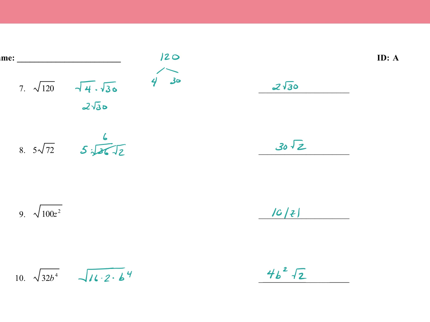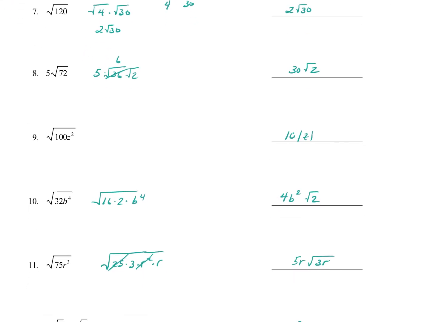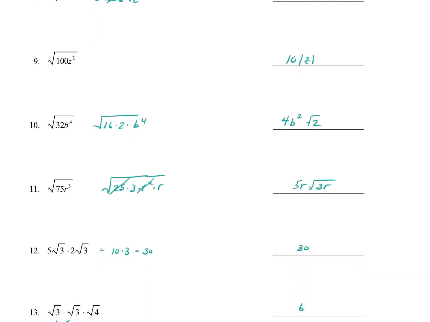All right, now we just get into the factor tree, right? Factoring it out and then simplifying. So 7 should have been 2 root 30, 8 is 30 root 2, 9 is 10, and that says the absolute value of z, which happens if you're going to square root a variable. It's got to be positive. You're going to break down the 32. It becomes 4 root 2.